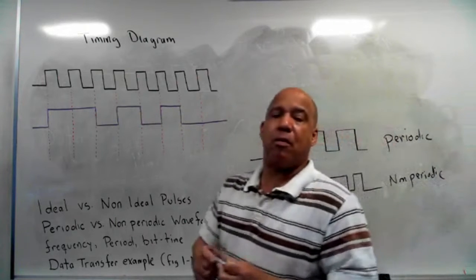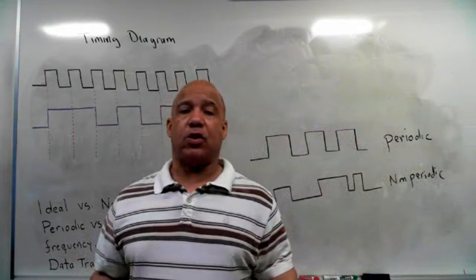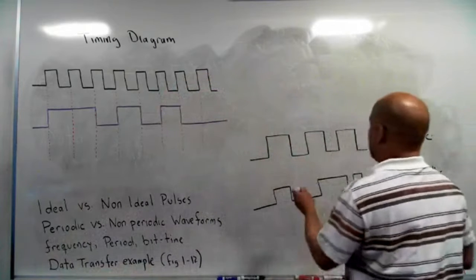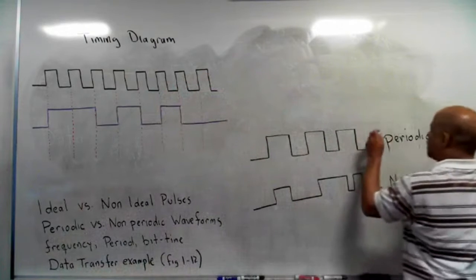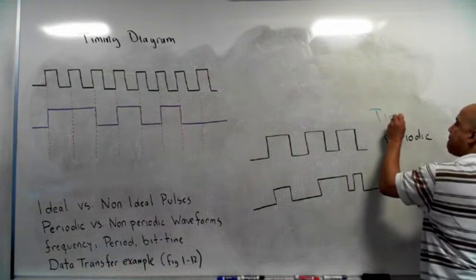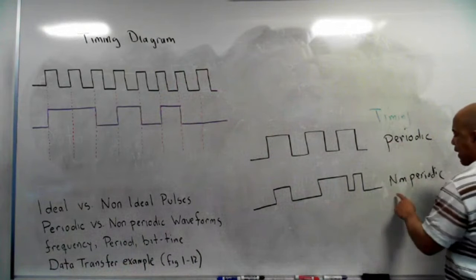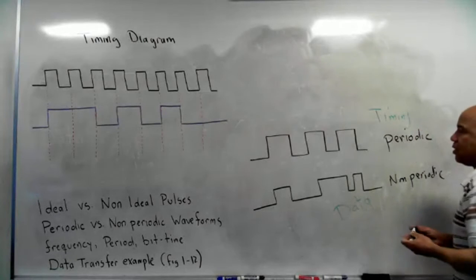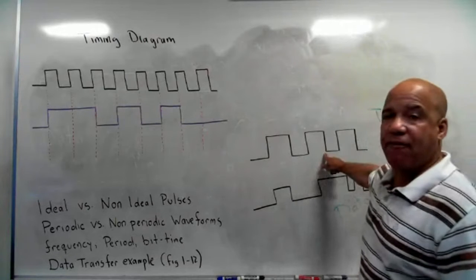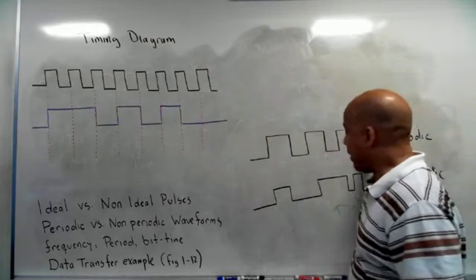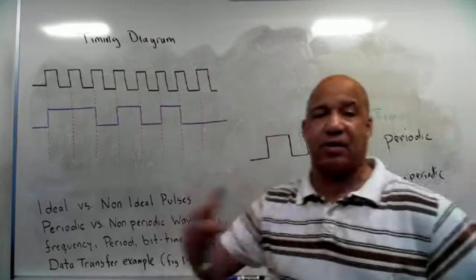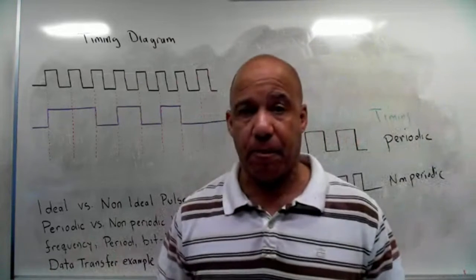Now it turns out we use periodic waveforms in digital devices for timing purposes. So this right here is for timing, and then we use this to represent actual data. So we use periodic waveforms to represent timing, and we use non-periodic waveforms to represent the actual data, the zeros and ones we want to move around.